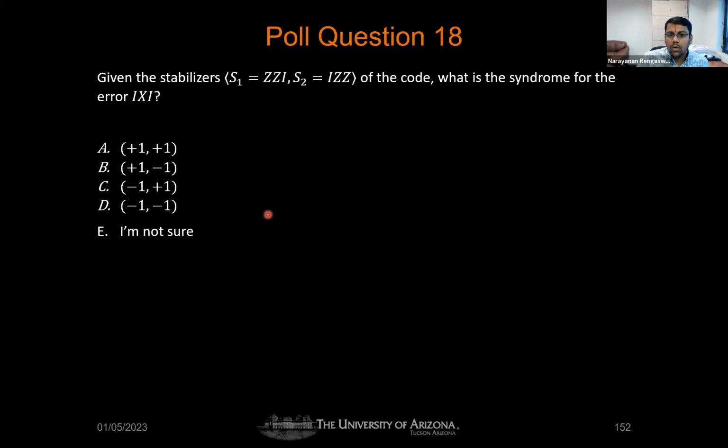Okay, we can close the poll, I think. Yes, -1, perfect. Most people got it. So X on the second qubit anti-commutes with both stabilizers, and you get -1.